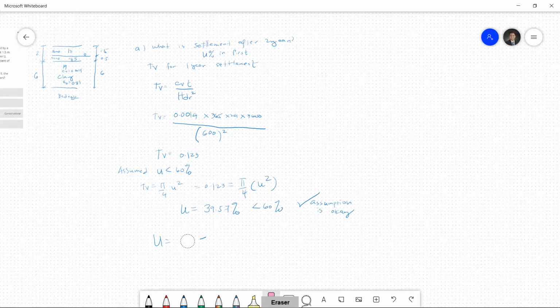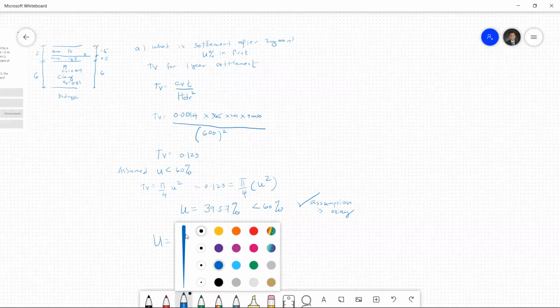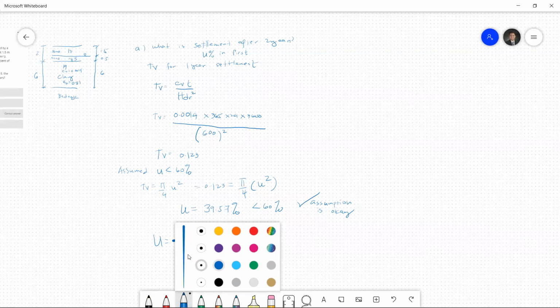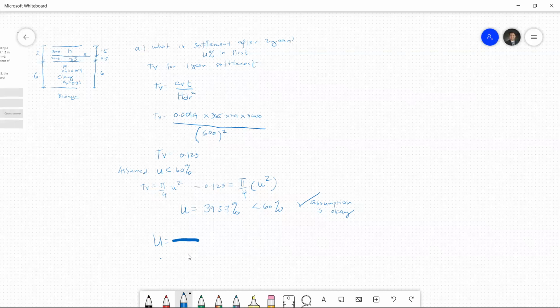ST over SP, or the settlement at a specific time, over SP.